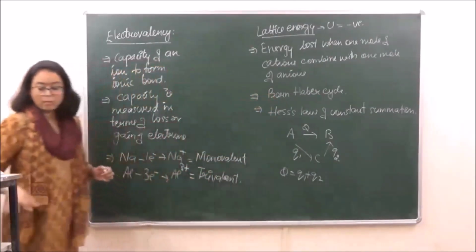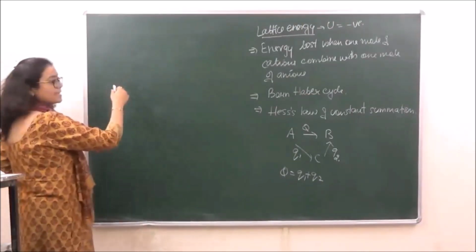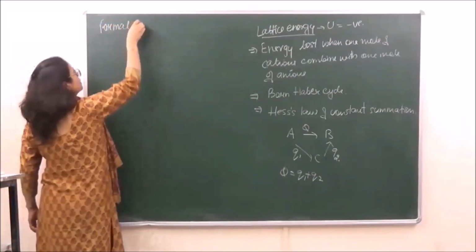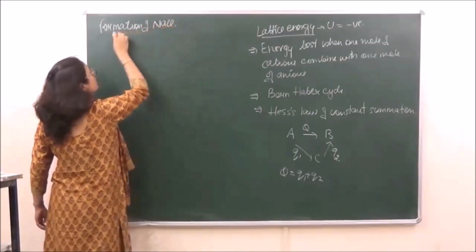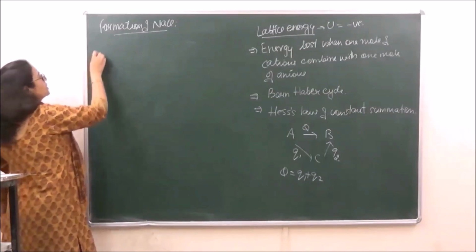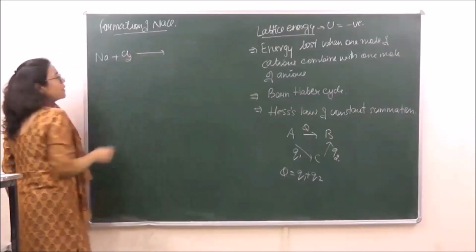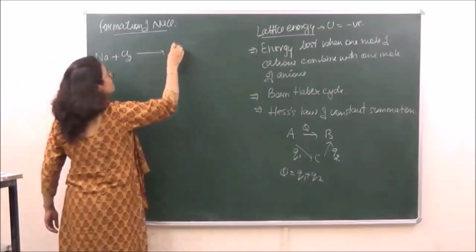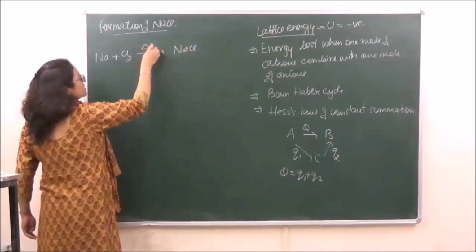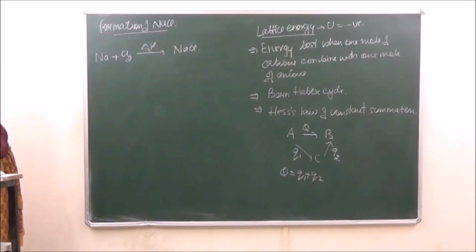How do we explain the Born-Haber cycle? Born-Haber cycle can be explained. Let's take the example of the formation of sodium chloride crystal. Okay. Now, according to the reaction, we can say that Na combines with Cl2 to give us NaCl, and the energy change can be represented by delta H reaction, right?